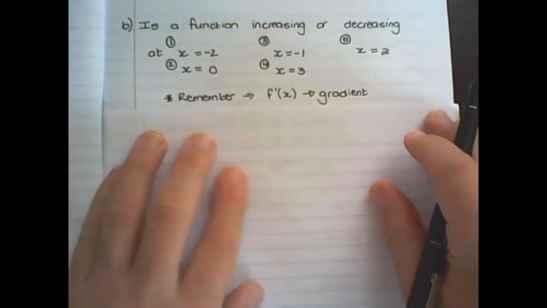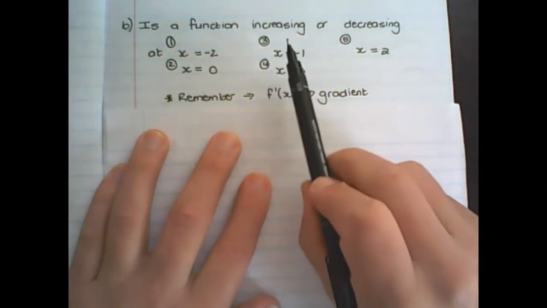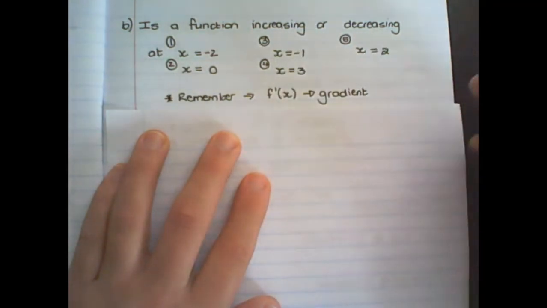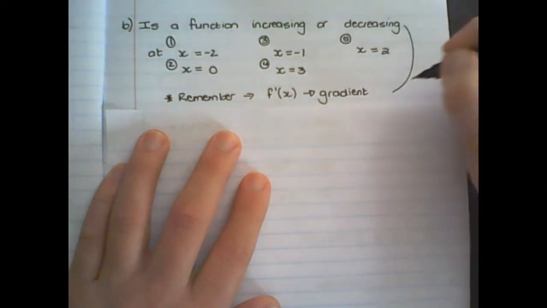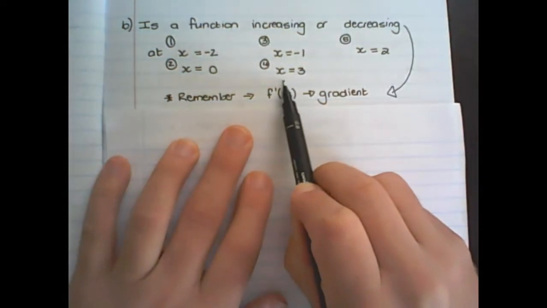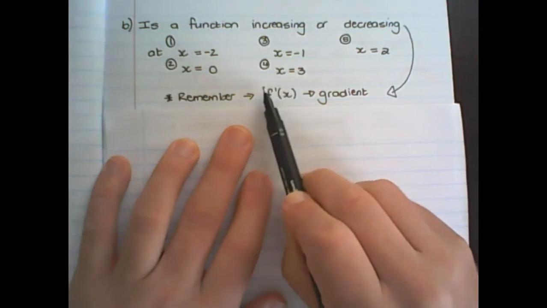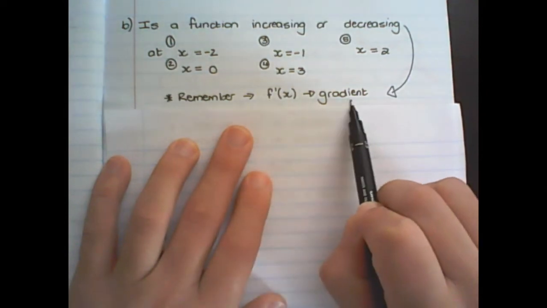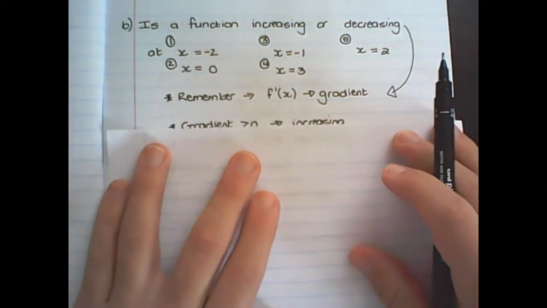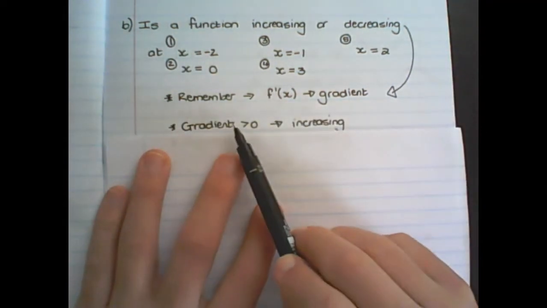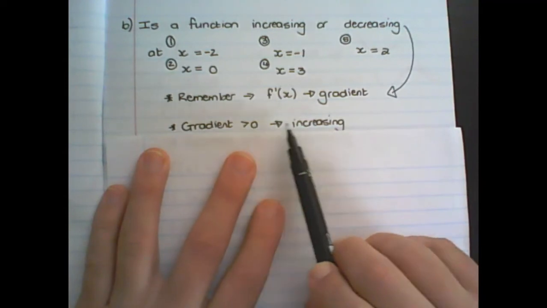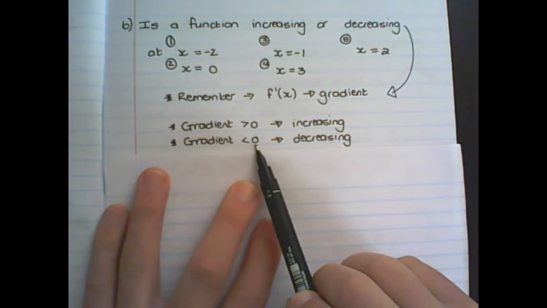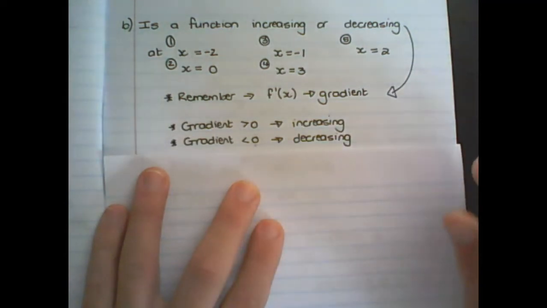Now what you need to remember is increasing and decreasing speaks about the gradient, and the gradient of a function is determined by its derivative. So I need to differentiate the function, then I'll have a formula for the gradient. If the gradient's value is bigger than 0, it will be increasing, and if the gradient is smaller than 0, or negative, then it will be decreasing.